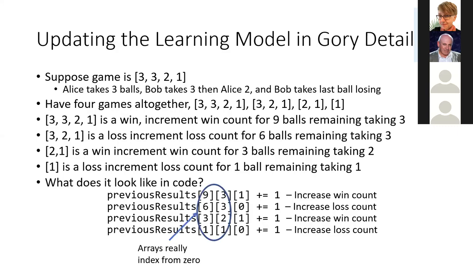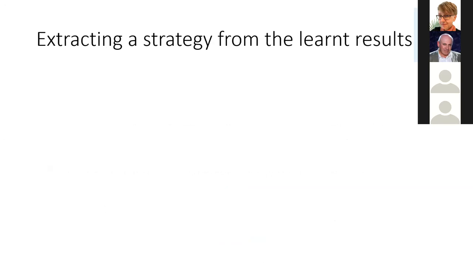Cheating here actually, because arrays are indexed from 0, so it's not really 9 and 3, it's actually 8 and 2, but that's just to make it easier to read. And the losses are held in the first entry, which is a 0, and the second entry is where the wins are.